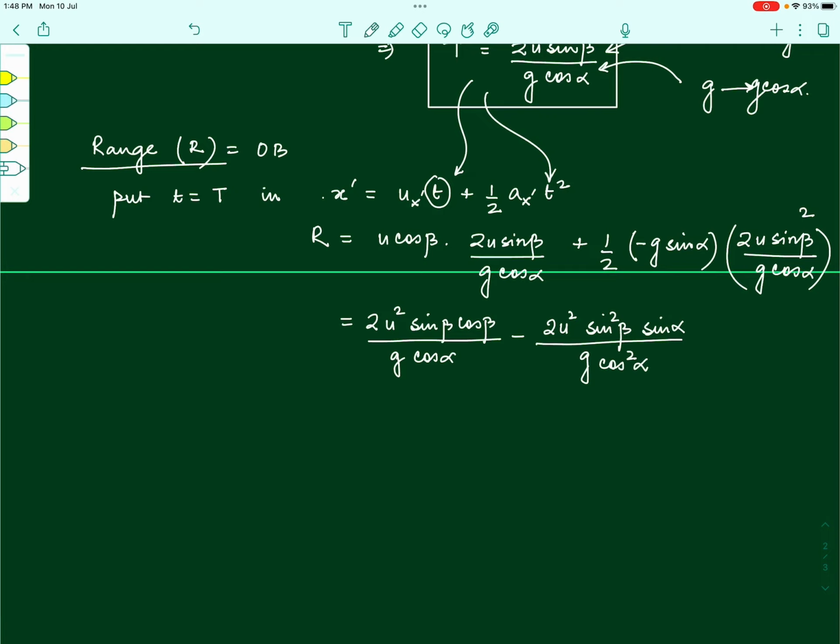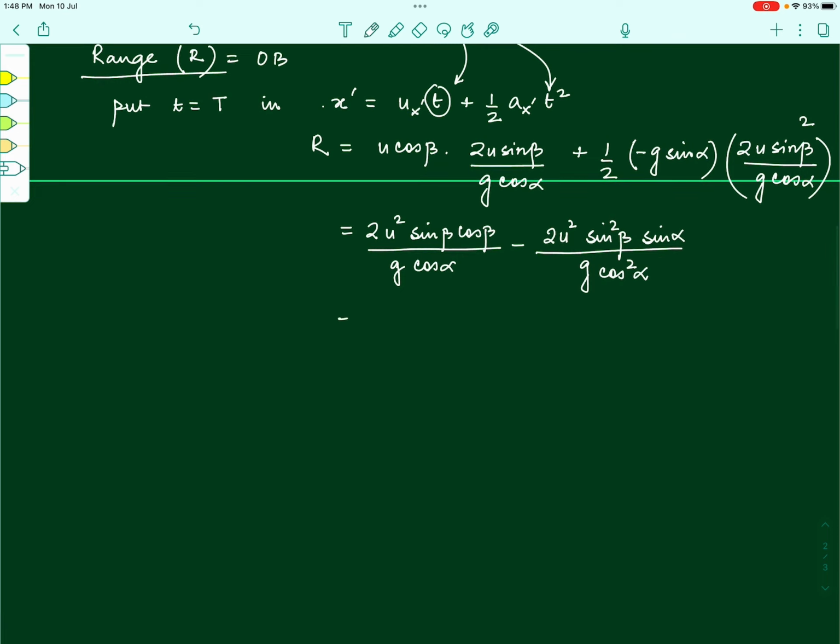will have here, right? Now we can take some terms common here. u squared by g cos squared alpha, let us take common, so that inside we are left with, see that 2 sin beta cos beta can be written as sin 2 beta. So sin 2 beta, and since we have taken a cos squared alpha common, we will have a cos alpha coming up in the numerator, minus 2 sin squared beta into sin alpha.